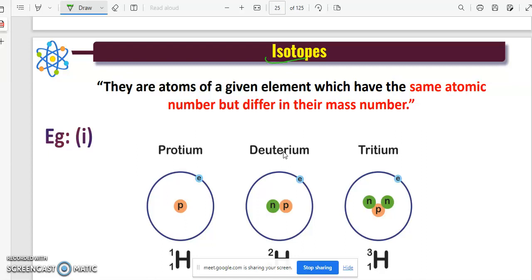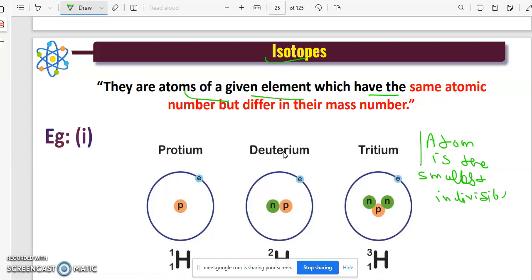How can you define the isotope? They are the atoms of a given element which have, as we know, that atom is the smallest indivisible particle of matter. What do you mean by indivisible?